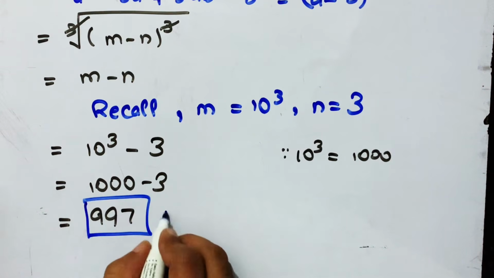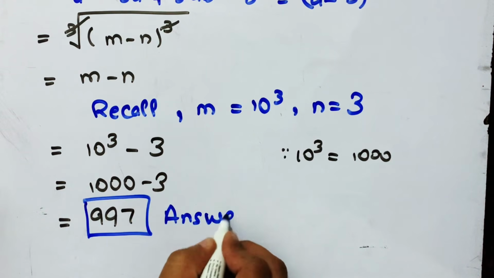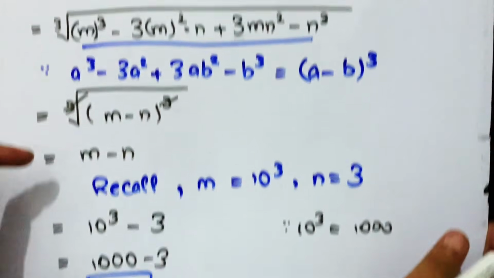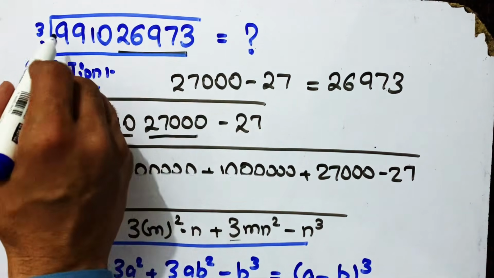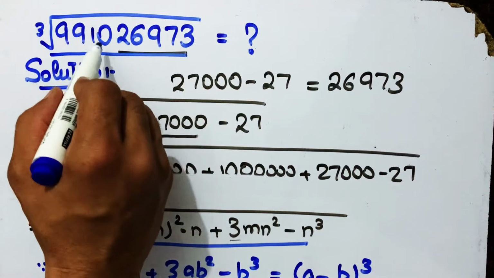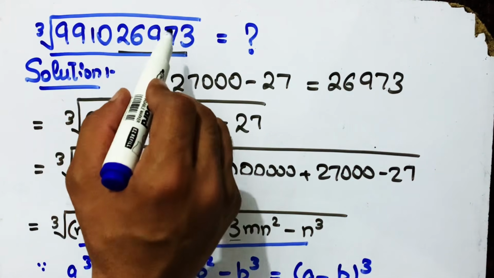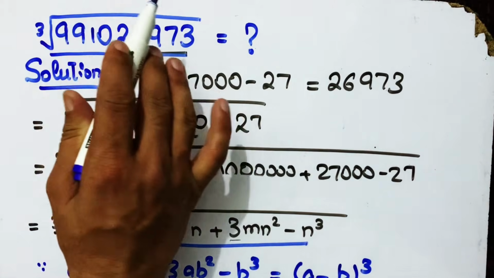That is the final answer to our desired solution, the cube root of 999,100,026,973.